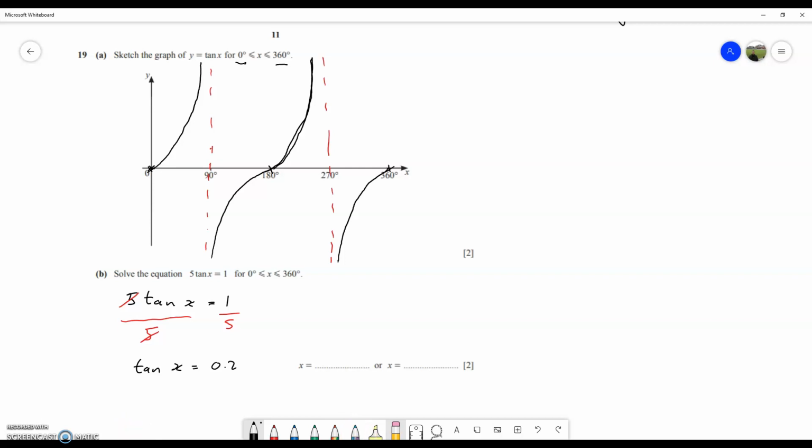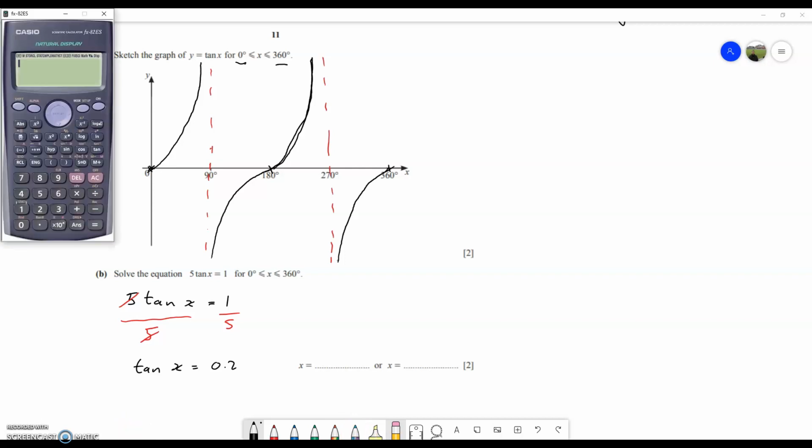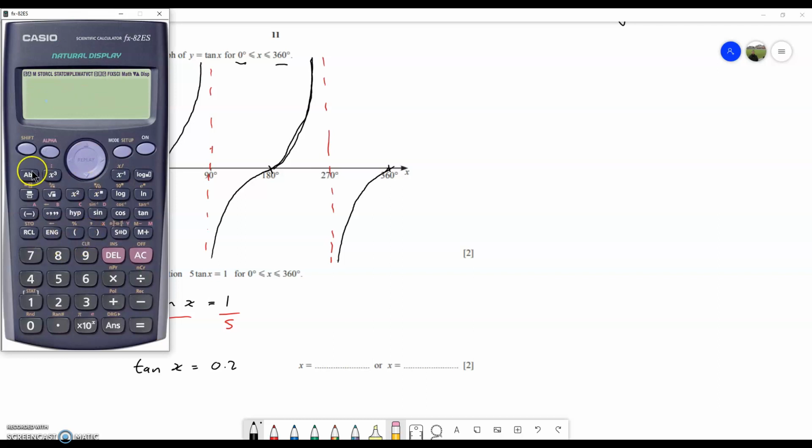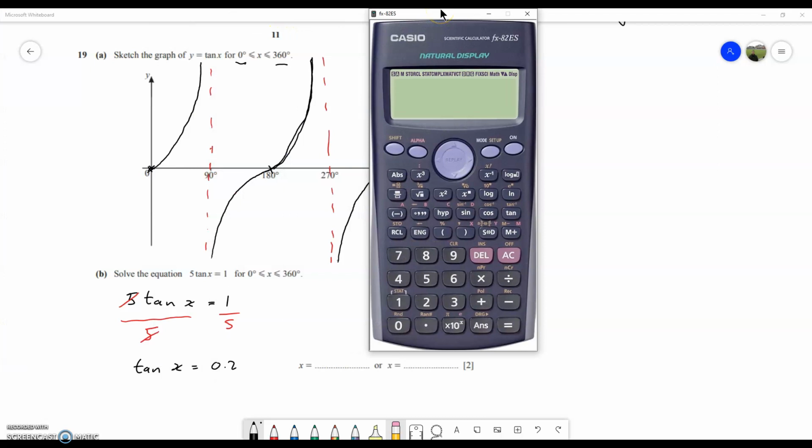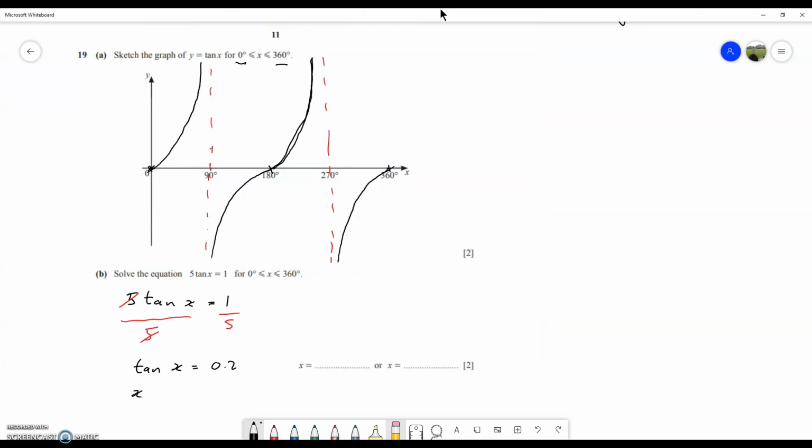That's when we involve our calculator. So then we can solve that. We need to remember that to find x, it's going to be inverse tan of 0.2.